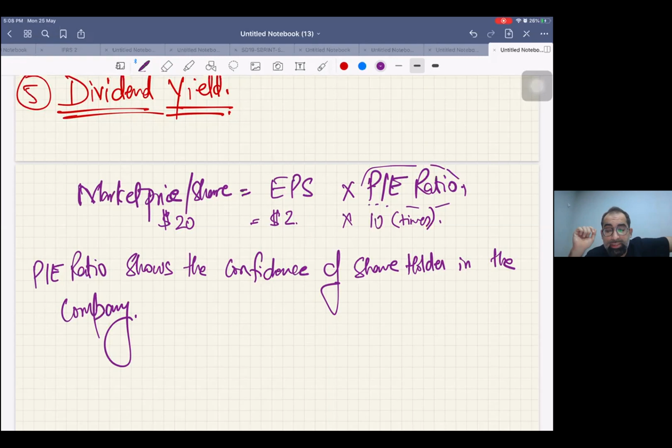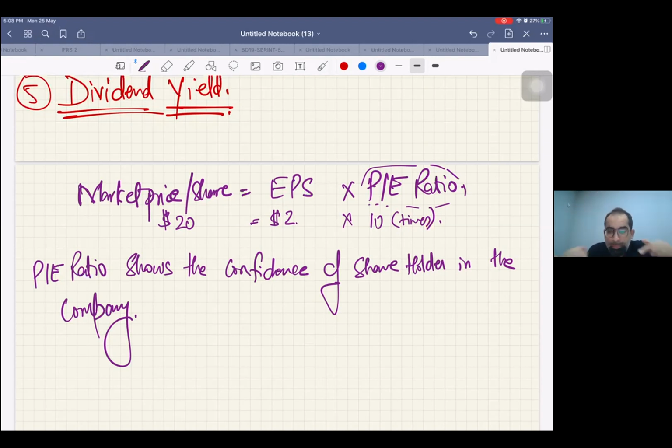Now in this second case, people are paying 10 times of earnings. That means people are more confident. The confidence of people is boosted as compared to the last scenario, where people were giving just 5 times and now they are giving 10 times of earnings.